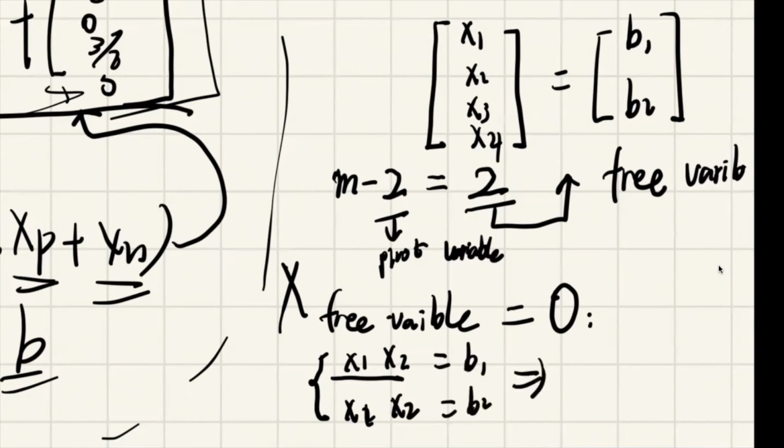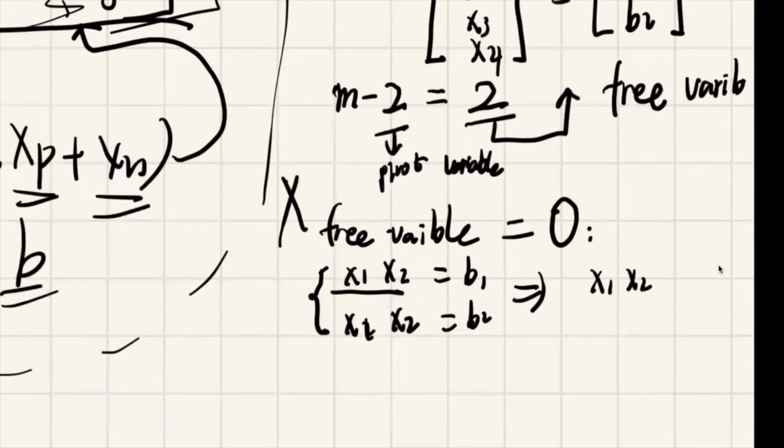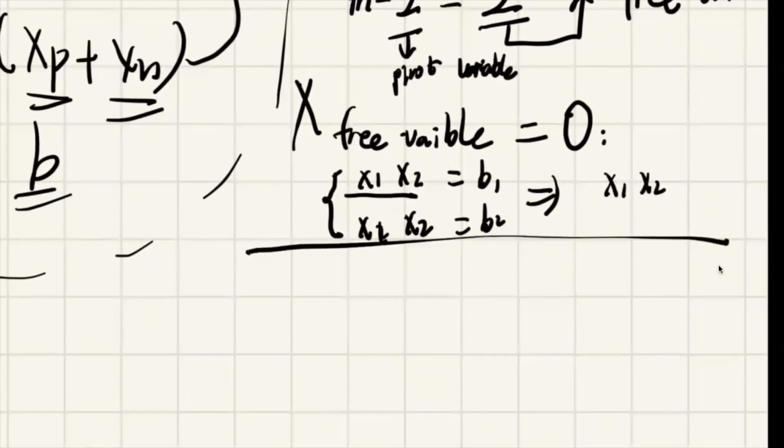So we definitely will get one solution here, the particular solution for x1, x2. So it means that if we have free variables, we will always have infinite solutions because of the free variables. All right, that's the second case.